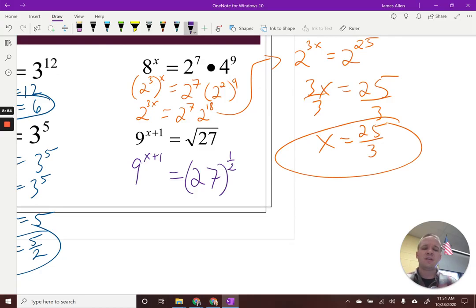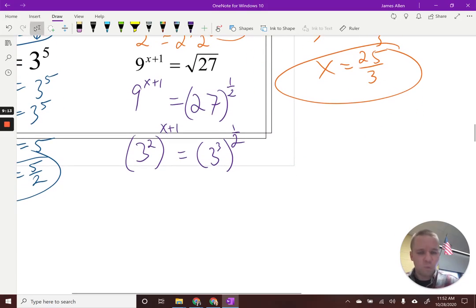Now, 9 and 27, can those be written with like bases? Yes. 3 would be my base. So I'm going to have 3 squared to the x plus 1. And I'm going to have 3 to the 3rd to the 1/2. Sorry about the lines there, guys.